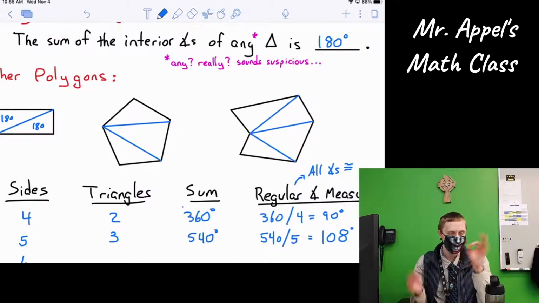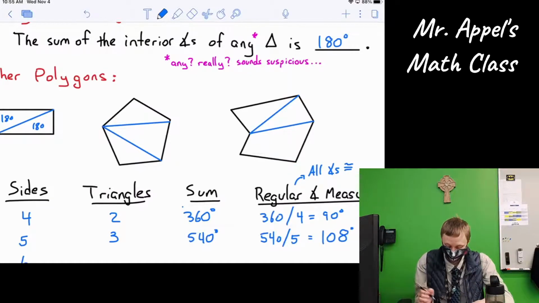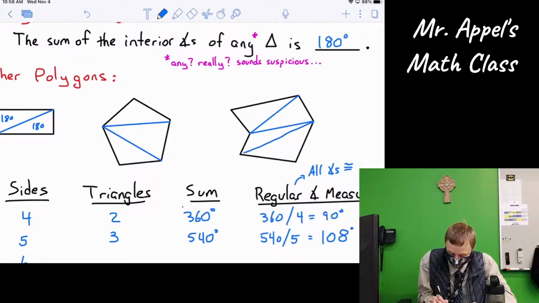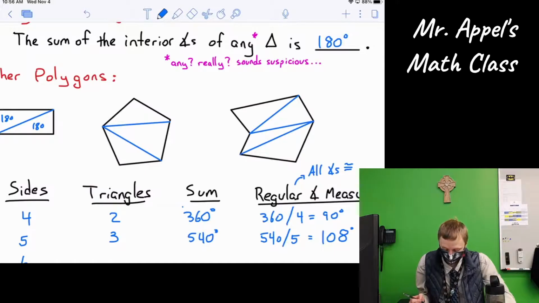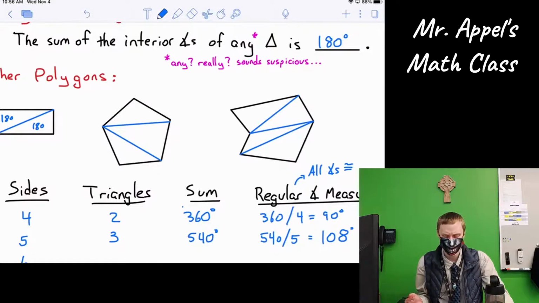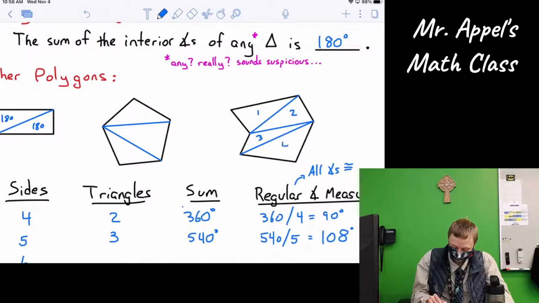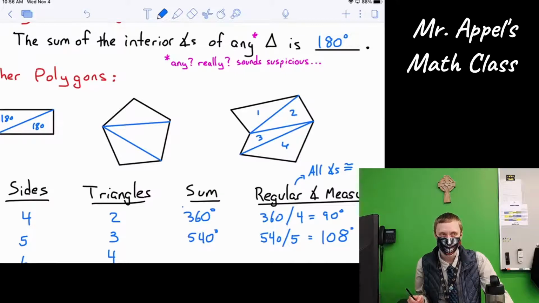It does not matter which corner you pick from. I could even do a combination. Maybe we want to go like that. Zigzag. They don't all have to share the same vertex there. But I still end up with 4 triangles every time.